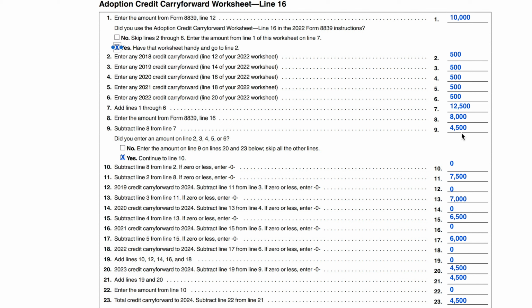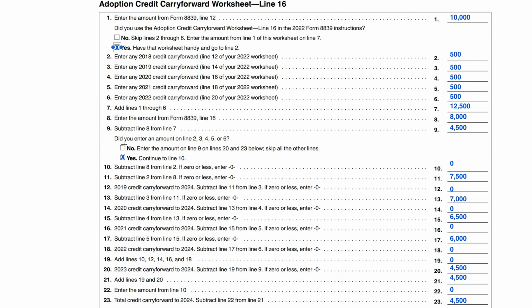And the rest of this credit limit worksheet really goes towards offsetting all of the carry forwards from prior years. So this is just simple math. Did you enter an amount for lines 2, 3, 4, 5, or 6? Basically, any of these prior year carry forwards.